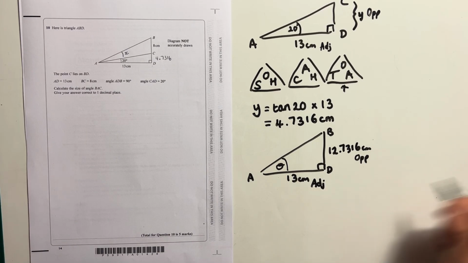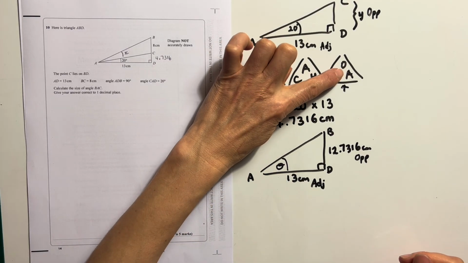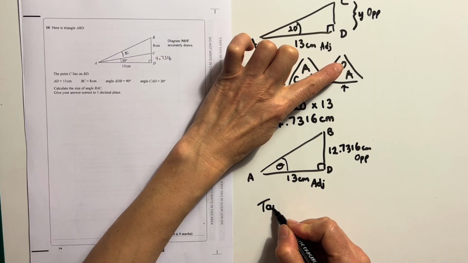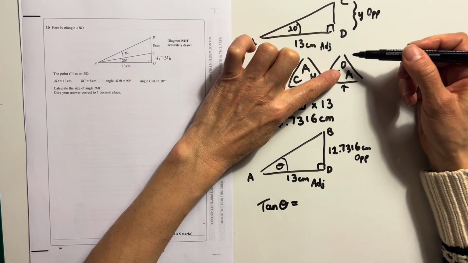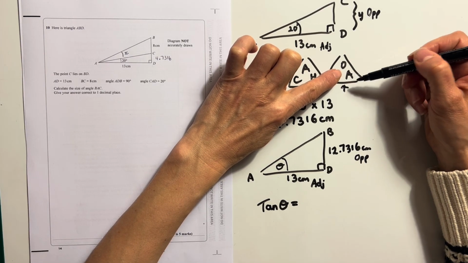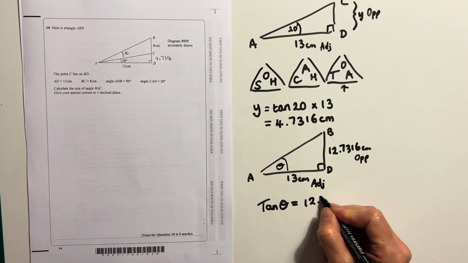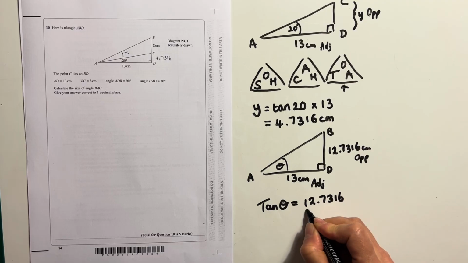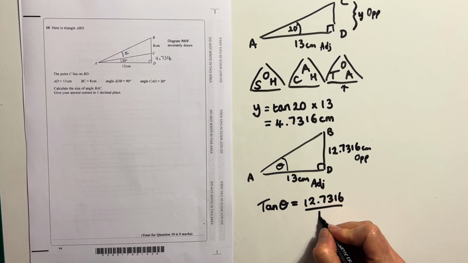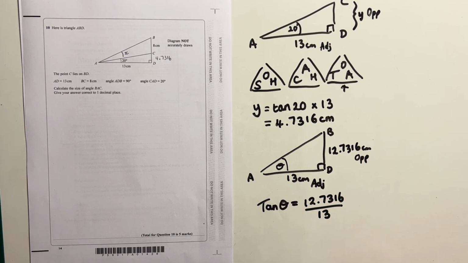But this time we're missing the angle, so I'm covering up the tan of the angle. And I can see that that is equal to the opposite over the adjacent. And the opposite is 12.7316 over the adjacent, which is 13.